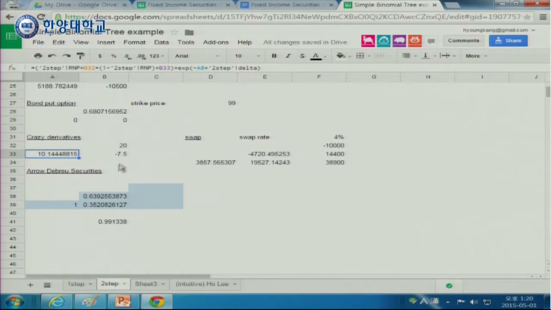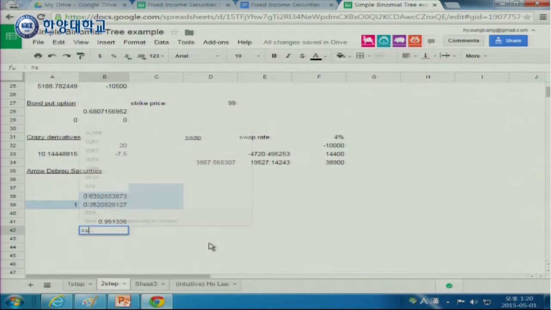Using Arrow-Debreu securities, we can exactly replicate this one. Well, it is $20, so we can have this Arrow-Debreu security times 20. In order to replicate, we can have the Arrow-Debreu security of this one times minus 7.5, right? So this is simply a sum product. I want to have this one and this one, right? So exactly the same. That's why Arrow-Debreu securities are so important in finance theory.